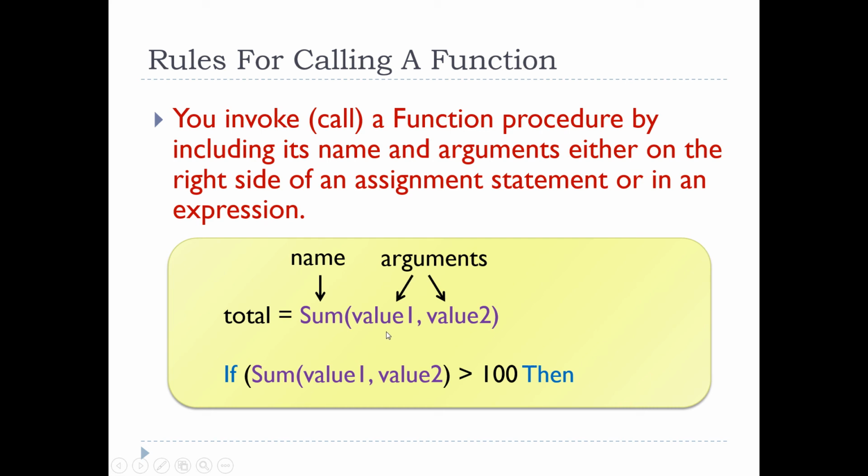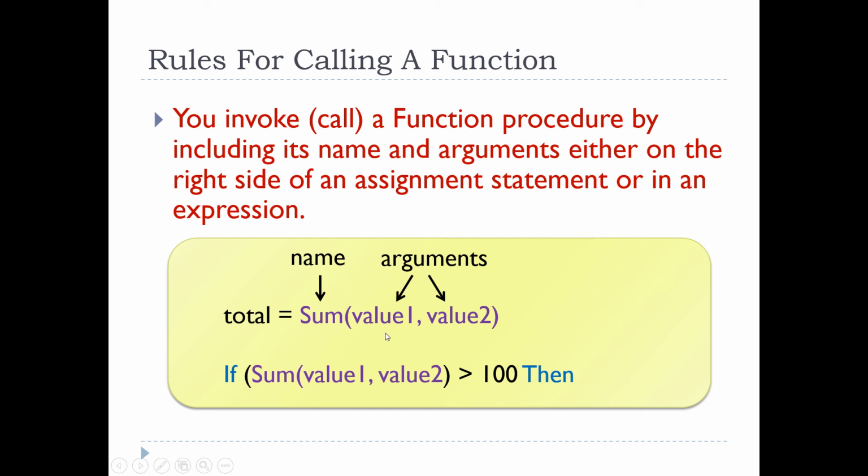So here's an example. We have a function called sum, which I told you about earlier. This function takes two arguments, value 1 and value 2, whatever those are. In this case, it's a variable name, but it could be like 5 and 10.